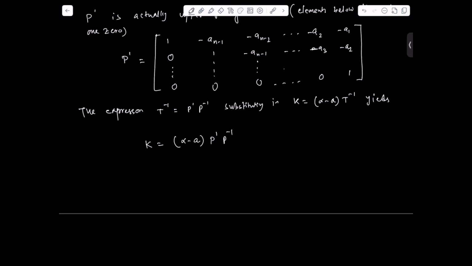And this is called the Ackermann pole placement formula for finding the controller matrix K. This is a very powerful formula called Ackermann pole placement.